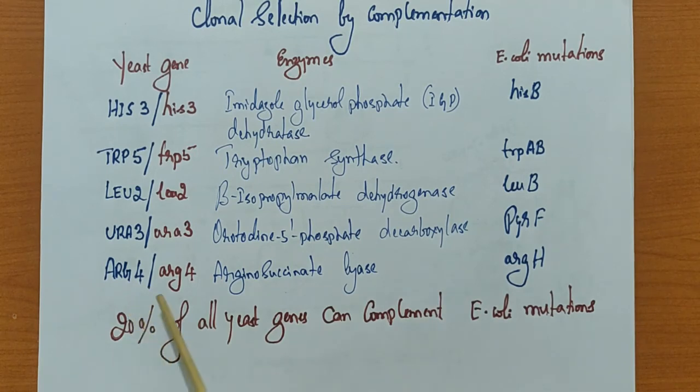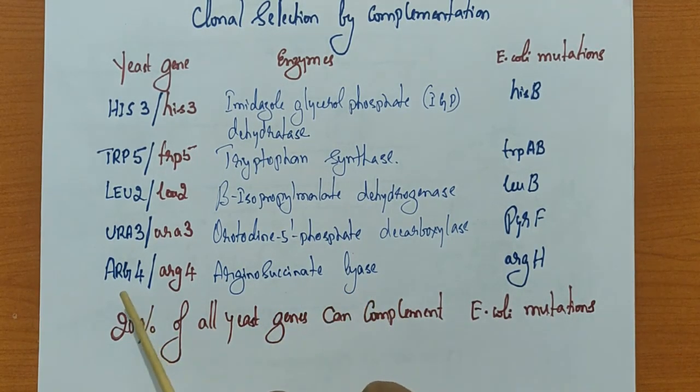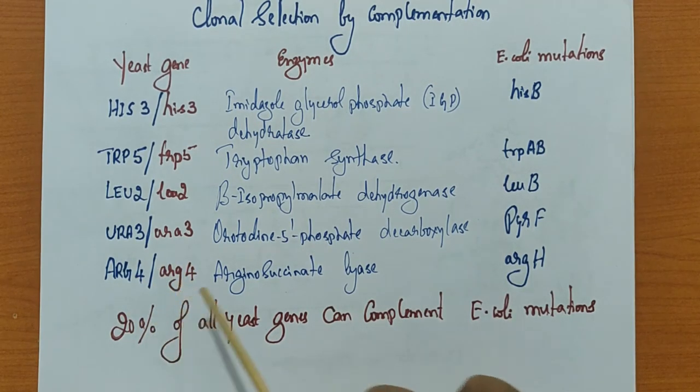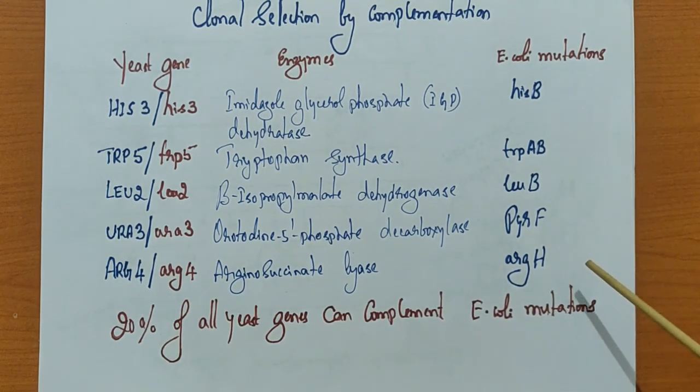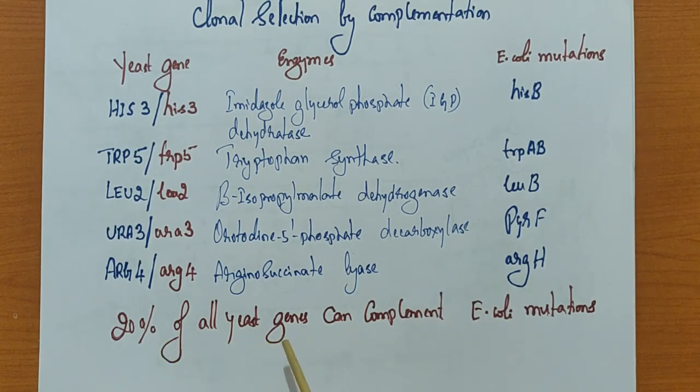Another one is argininosuccinate lyase, ARG4. Here arg4 represents the mutated one. The equivalent in E. coli is argH. Again, I will stress that 20% of all yeast genes can complement E. coli mutations.